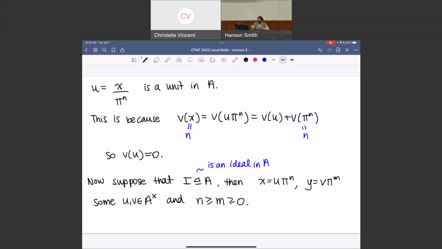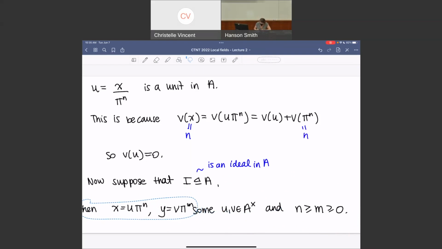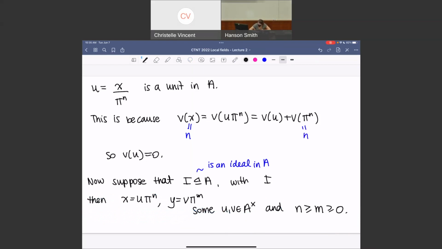I'll just put the one with greater valuation first. Oh, sorry, I did not tell you what x and y are. That's my bad. I need to add some stuff. There we go. With I generated by x and y.